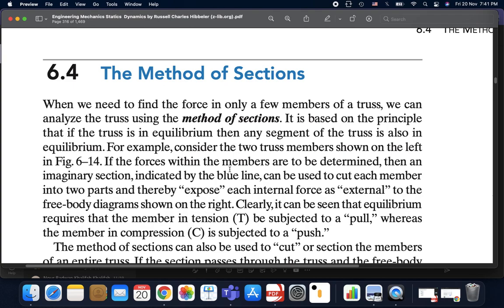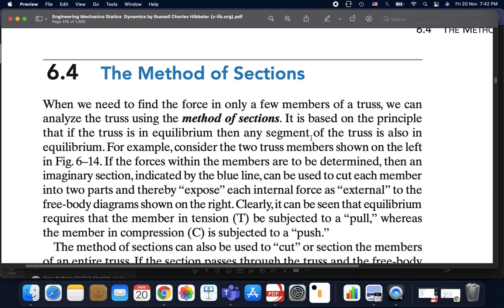So instead of calculating all the forces using the method of joints, we can use this method of sections, making sections in our truss to find desired forces in some members, not all the members. So the idea is basically to cut the time and make a fewer number of steps to find our forces.